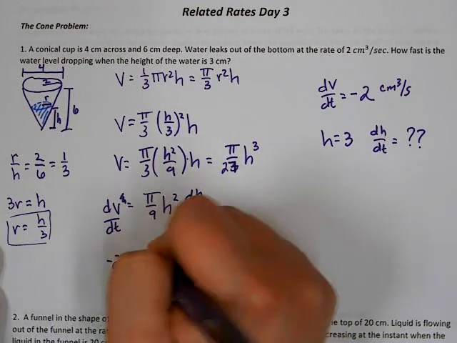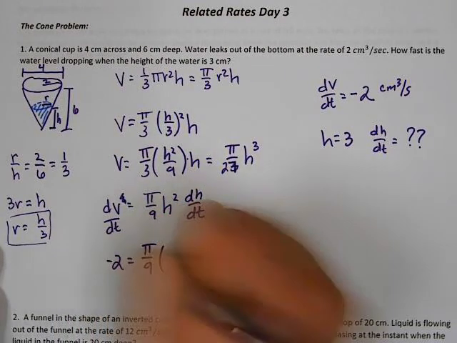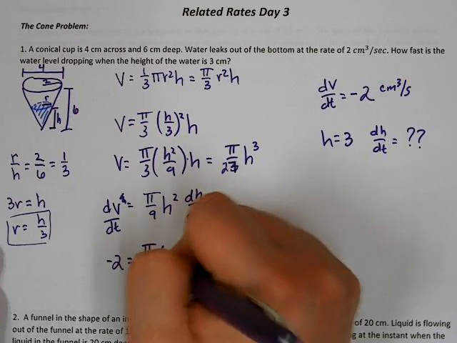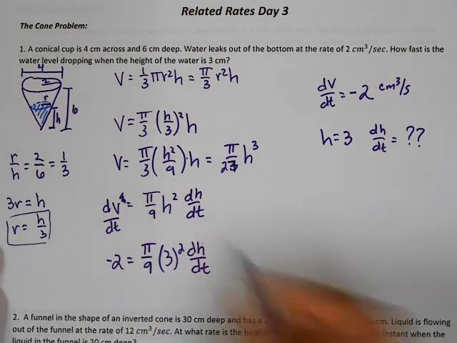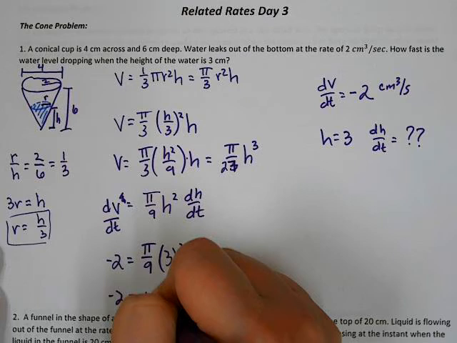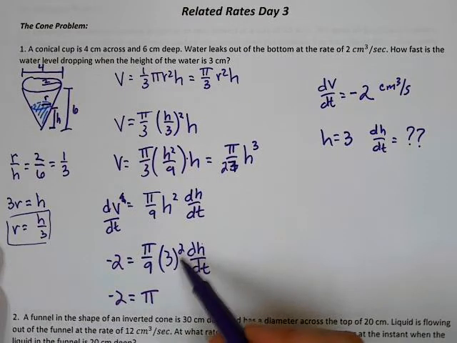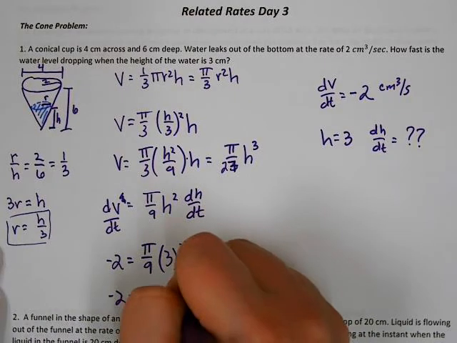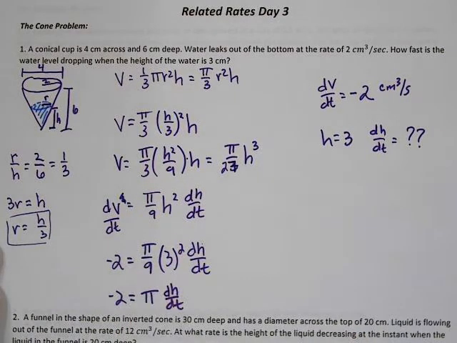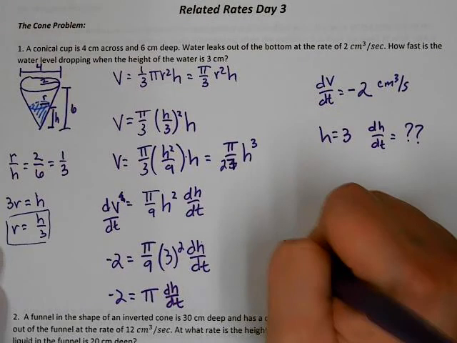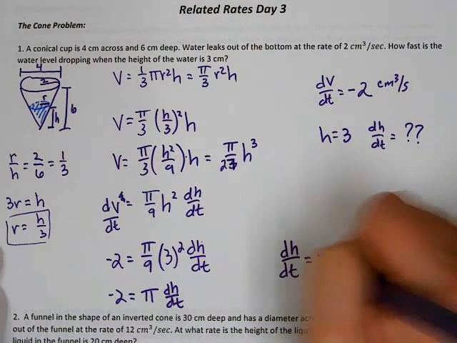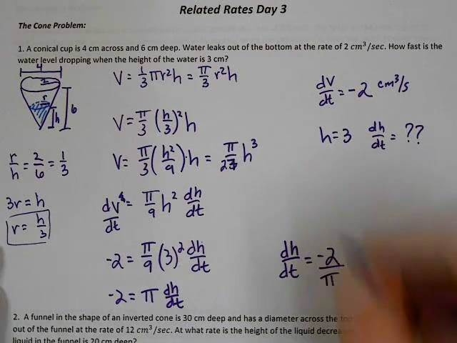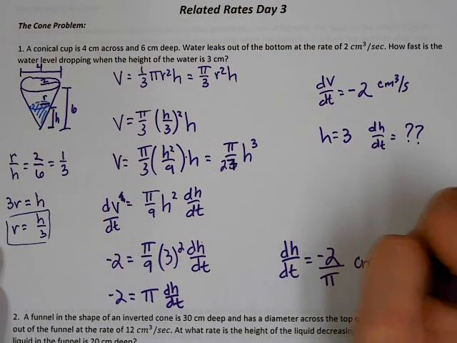Negative 2 equals pi over 9 times 3 squared dh dt. So we get negative 2 is equal to pi dh dt, because 3 squared is 9 and it cancels. And we can just divide by pi. So dh dt is negative 2 over pi, and it's going to be centimeters per second.